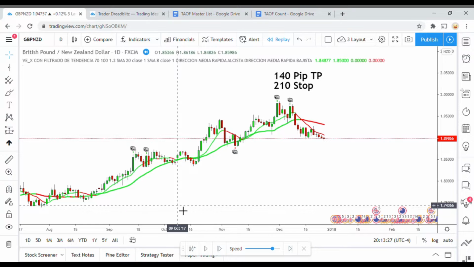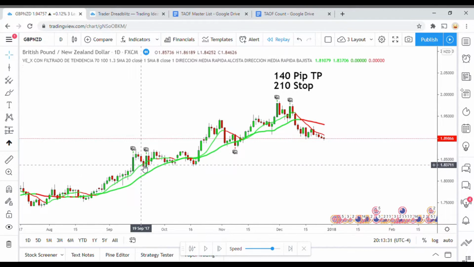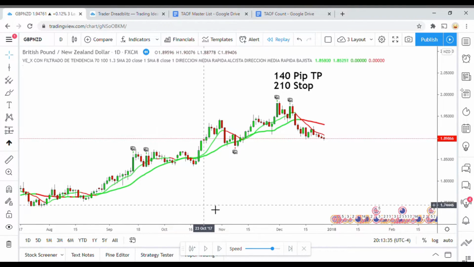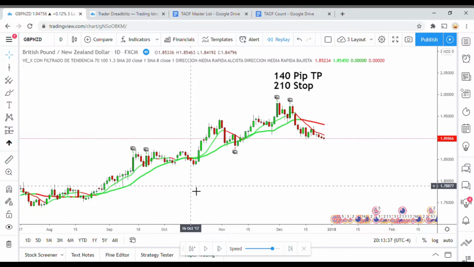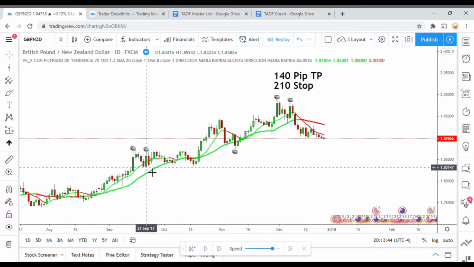Or you could trade this as a reversal strategy method and use the moving average here as your take profit. Now again, I wouldn't do that because I don't like capping my trading potential.